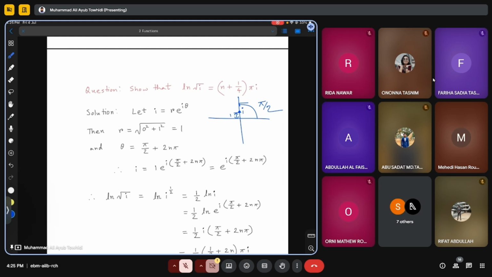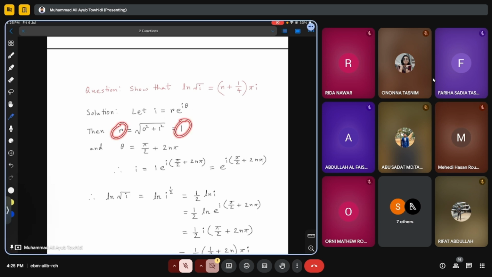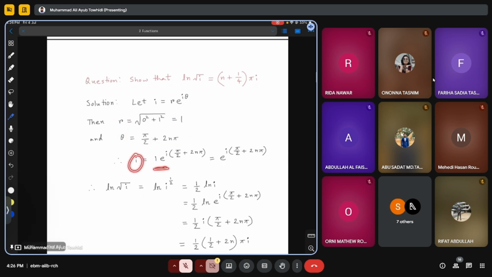So that's what I did here. The modulus is 1 and the argument is pi by 2 plus 2n pi. Then i becomes 1 e to the power i (pi by 2 plus 2n pi), or simply e to the power i (pi by 2 plus 2n pi).